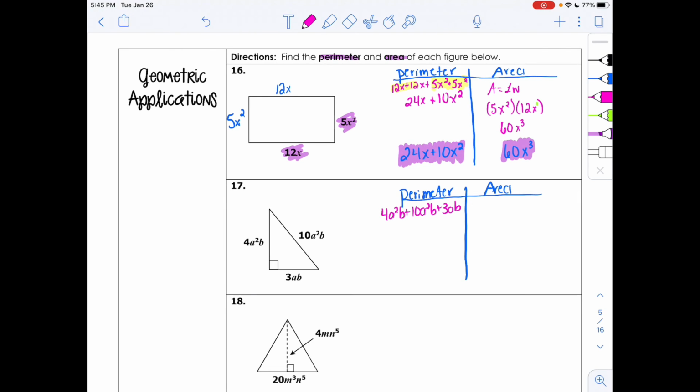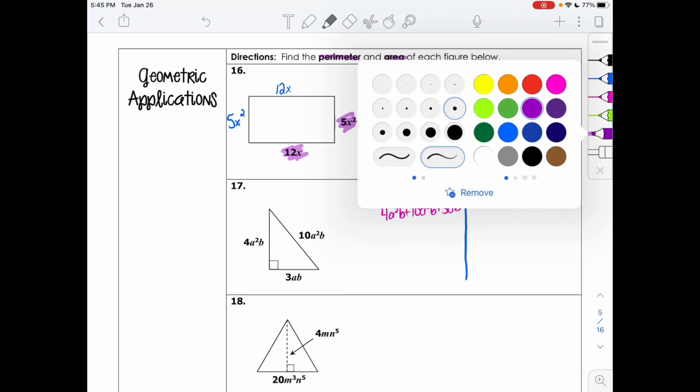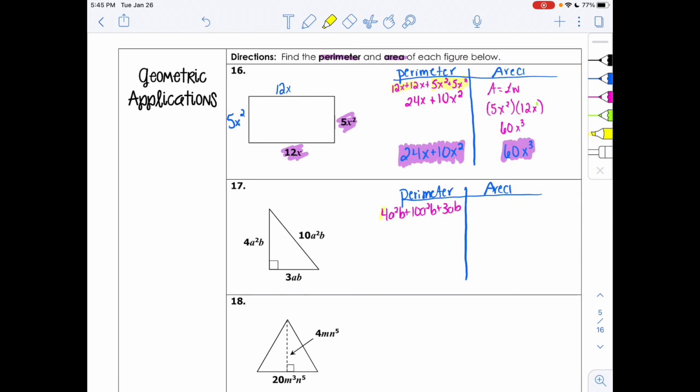Now when I go to add these, what I want to make sure I remember is I can only add like terms. So for this problem, I can only add 4a squared b plus 10a squared b, because the a squared b is the variable that's the same that needs to be like. And then we look at our coefficients.